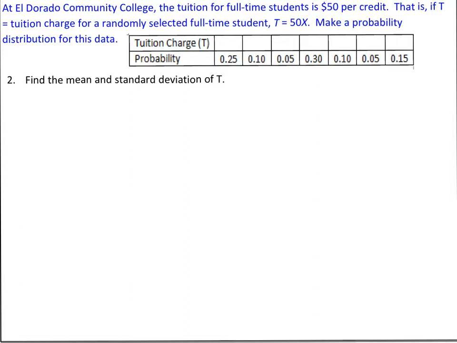Okay, so now I have the same outcomes, but I'm going through and multiplying each one of those by, well, never mind. It's not just affordable, it's really affordable. $50 a credit. Up in this first spot, this is going to be your tuition charge.